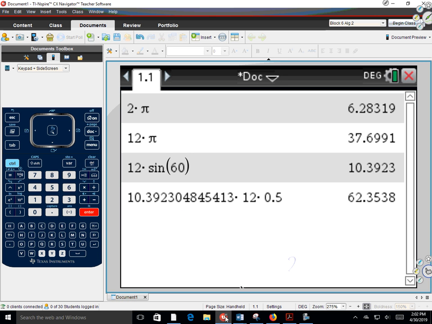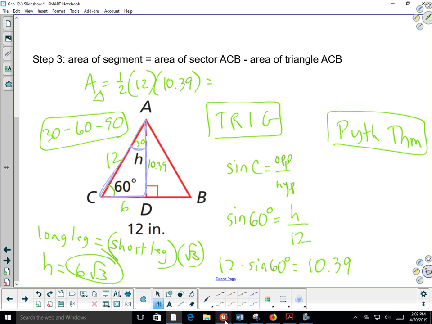Are you getting 62.35? Yes, 62.35. If you do the 10.39 by itself, then it's just 62.34. I was using all the digits my calculator had stored, so that's fine.